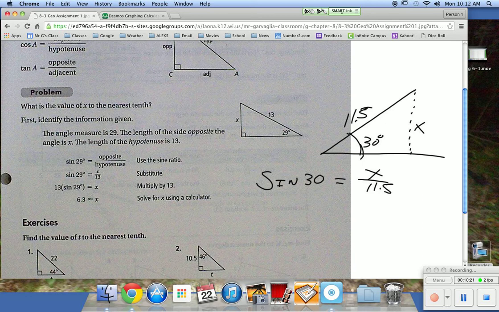Well, we come over here, sine of 30 equals 0.5, half. Then we multiply that by 11.5. 5.75, yeah, you're right, you did the whole thing.